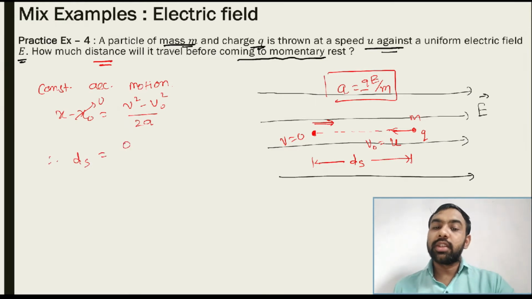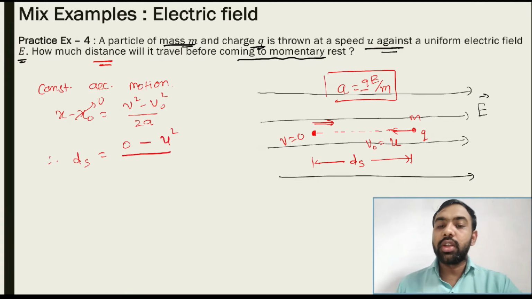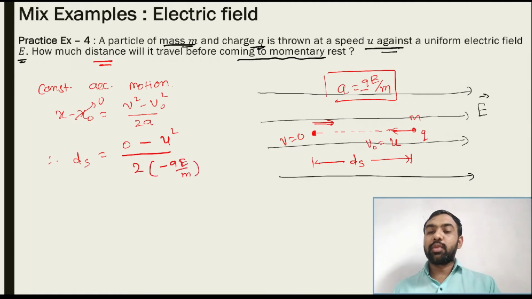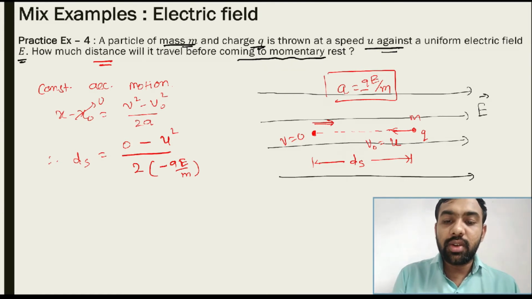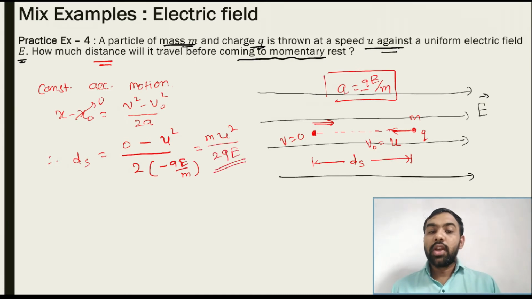Final velocity 0 minus initial velocity u square, upon 2 times a. A is equal to what? Minus qE by m. Why are we choosing the minus sign? Because of the opposite direction. So minus minus cancels out. So finally the answer is u square upon, and m comes in the numerator, so m u square upon 2 into q into E. That is our answer.